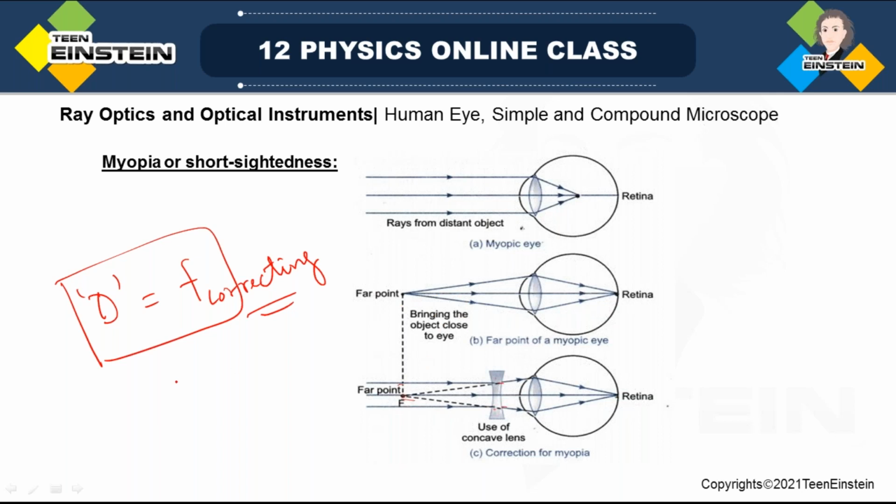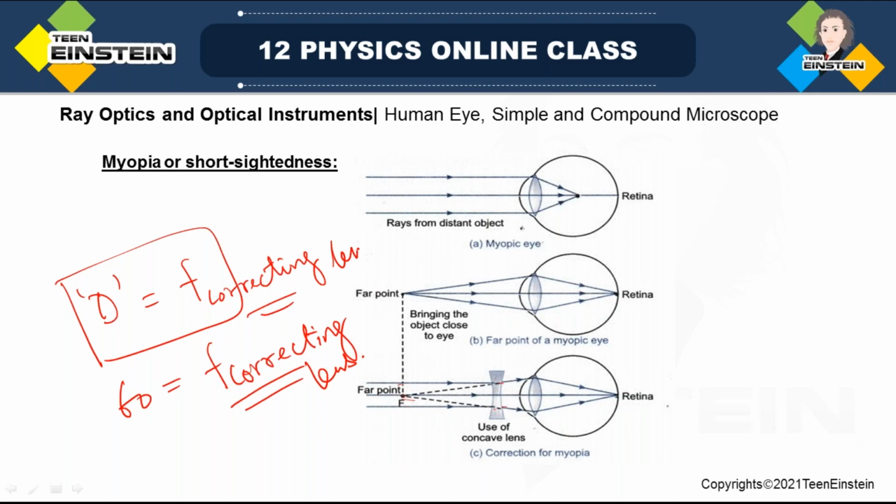Suppose it can see up to 60 centimeter. If that is given, then 60 centimeter has to be equal to the focal length of the correcting lens.